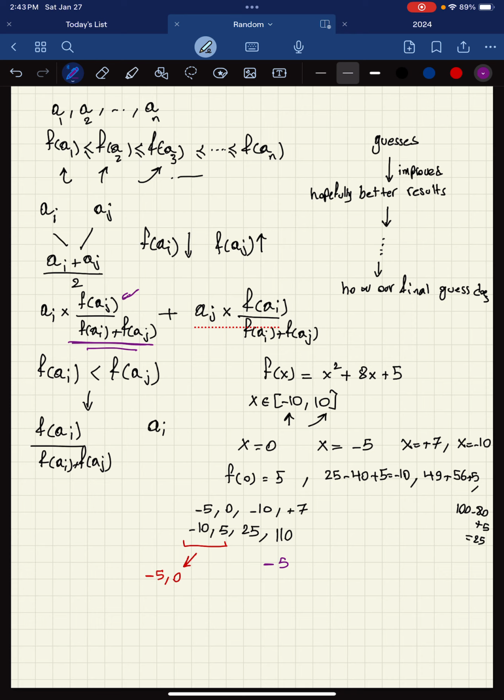So I would want to merge minus 5 and 0, and maybe minus 5 and minus 10, and also let's say 0 and 7, or maybe minus 10 and 7, to get some new results. So minus 5 and 0. For now, we can just use the regular average. This would give us minus 2.5. This would give us minus 7.5. And this would give us minus 3.